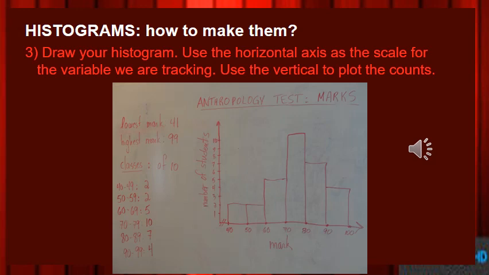So here the vertical axis will be for the number of students in each class, and the horizontal axis will represent the mark they have. And then it's easy. I just have to draw my bars at the right height. Between 40 and 49, I have 2 students, so my bar will go up to number 2, and so on. And I have my histogram done.